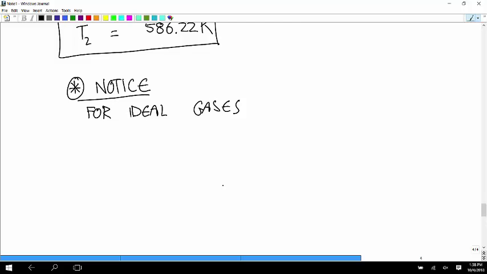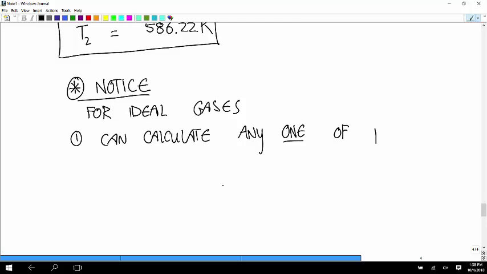Well, we know that first we can calculate any one of P, specific volume, or temperature given the other two. Okay, that's the key thing. We know we can use the ideal gas law.